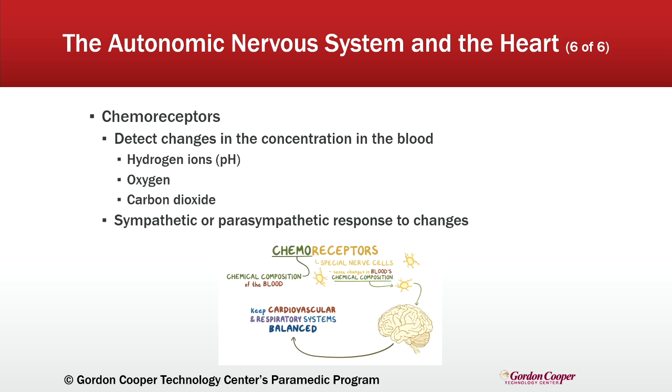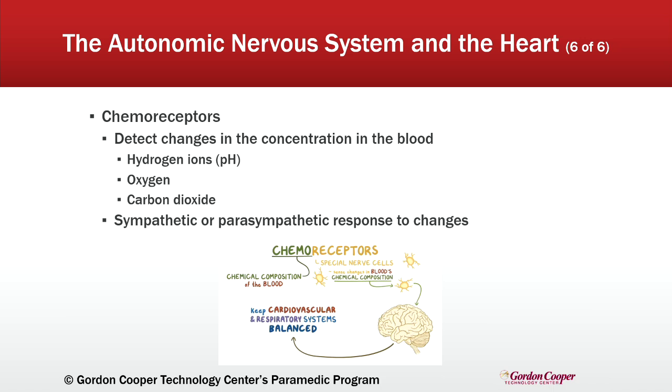Now these receptors detect changes in the concentrations of several important substances in the blood. So we see hydrogen ions, and that helps assess the acidity of the blood. O2: low levels of oxygen can trigger responses to increase oxygen availability. And then CO2: high levels of CO2 indicate that the body needs to expel more of it, typically by increasing the breathing rate.